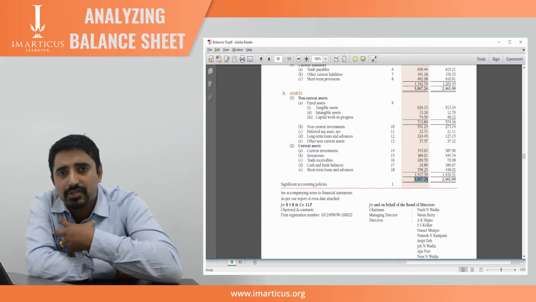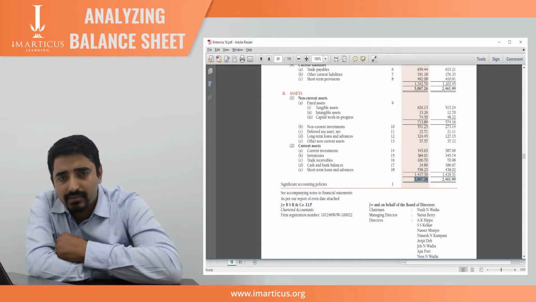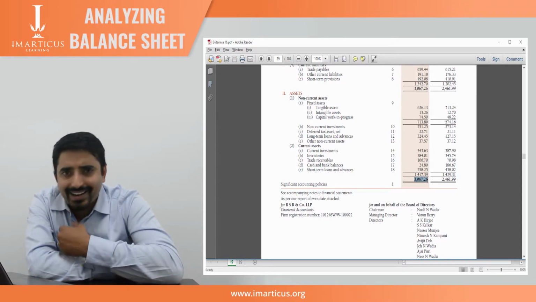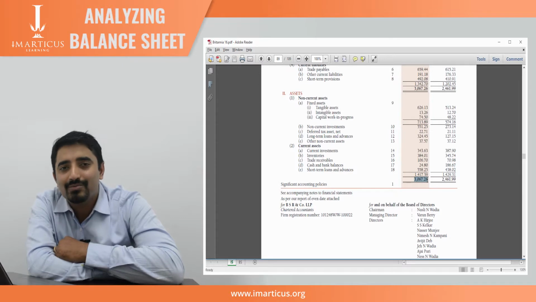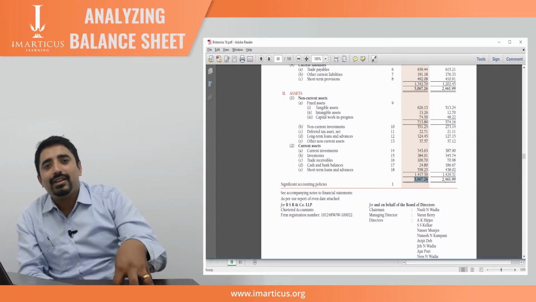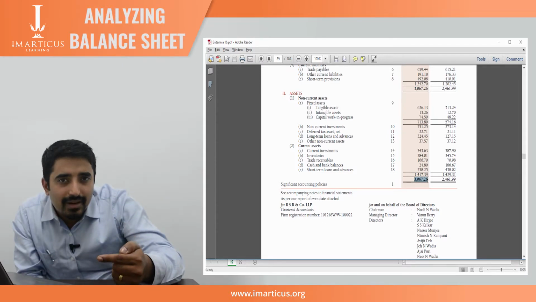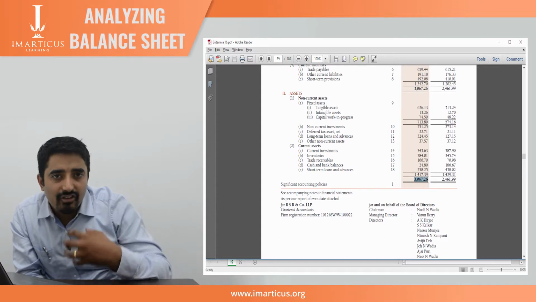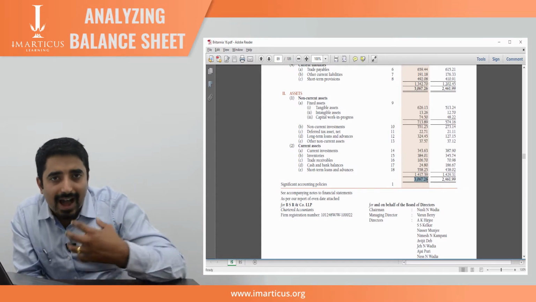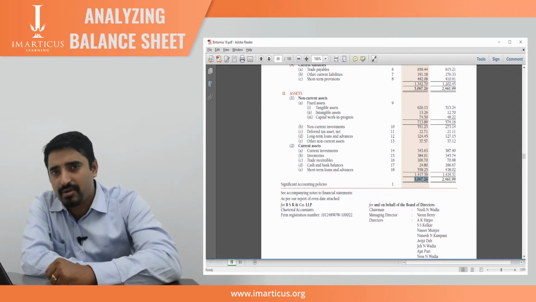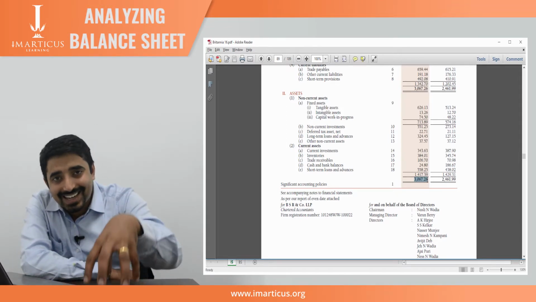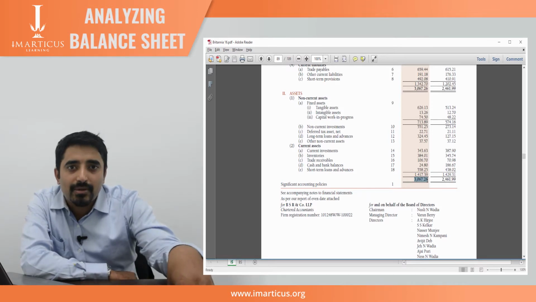Okay, I am a 100% shareholder of Britannia. Can I say that indirectly all these assets are mine? No. Because in a company, there is not just one claimant, there are multiple claimants. And we as shareholders, I might be the residual claimant in the company, the last claimant in the company. So the company's assets have other claimants also.